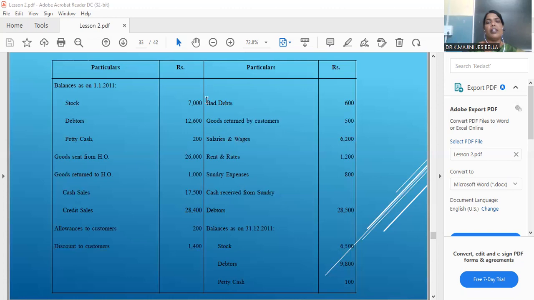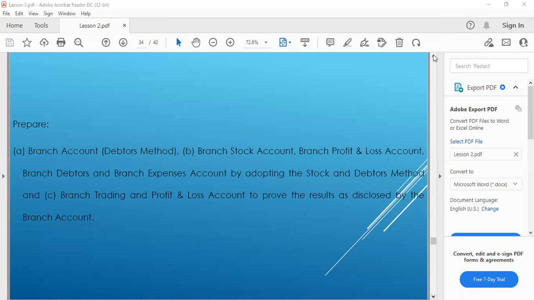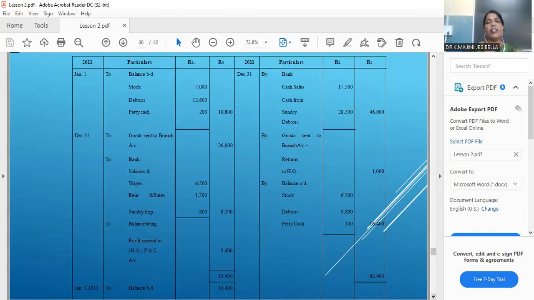Prepare the branch account and the branch profit and loss account under the expense account, adopting the method, and the trading account to show the result as disclosed by the branch account. For debit, you follow the assets; for the credit, you follow the calculation.